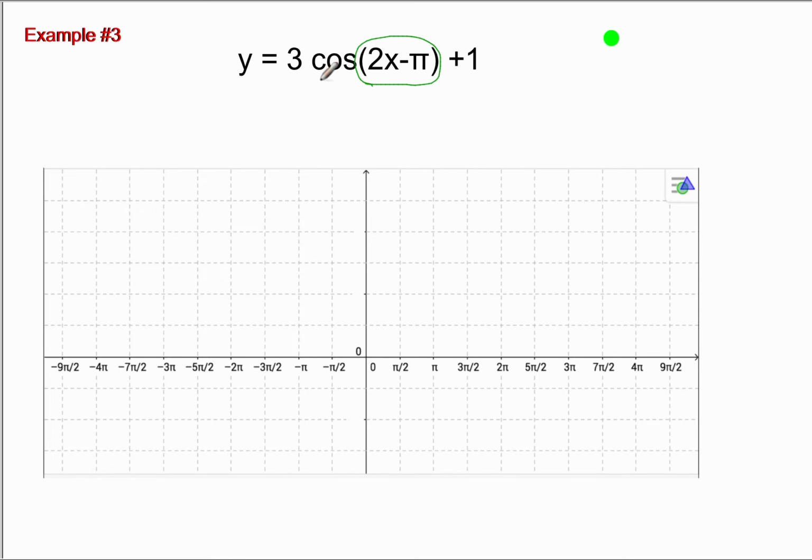And that's because when we write a general form for a trig function, it's A, the function, B, parentheses, and then the phase shift is by itself in parentheses. So here you have to be aware that you have to do a little factoring. You have to factor out to get the phase shift by itself.